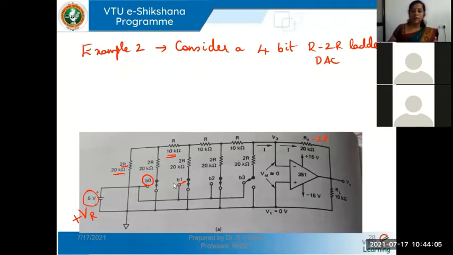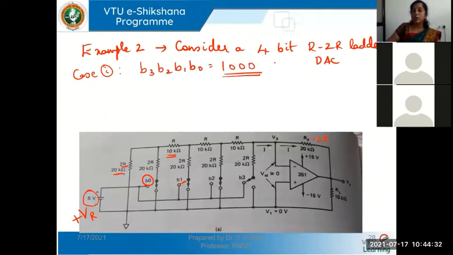Okay, so I can show you in this case also how we will get the output voltage corresponding to the input signals. So let us consider case 1: the condition when B3, B2, B1, B0 are 1, 0, 0, 0.